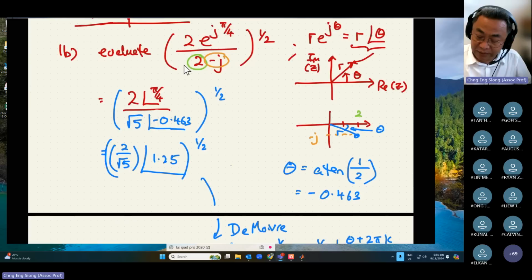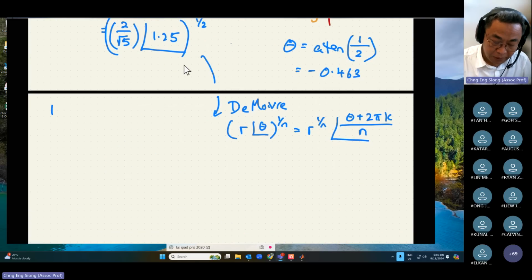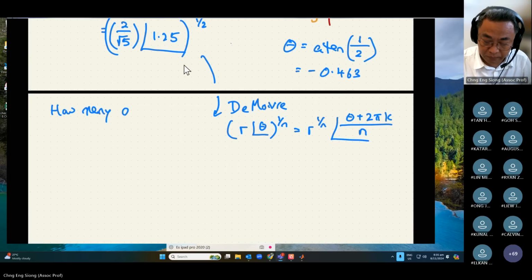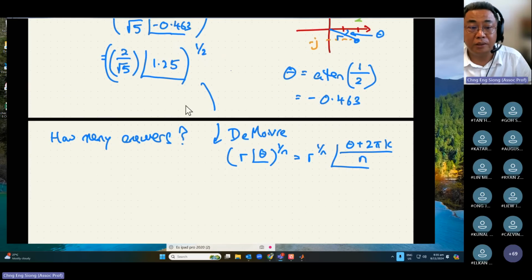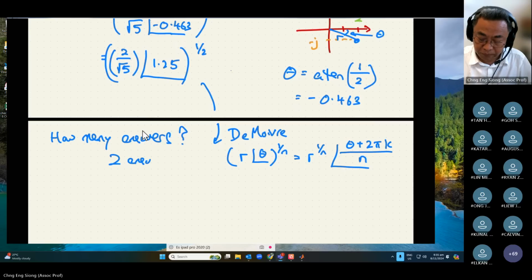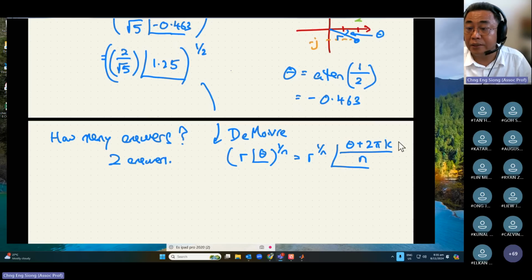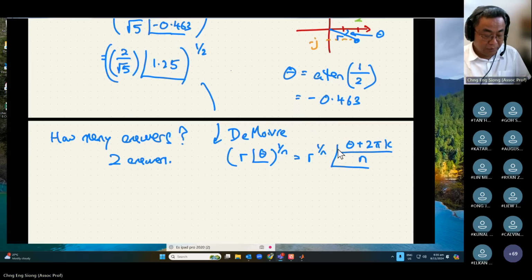Now, how many answers are there? Remember, it's a square root, so I'm expecting 2 answers. The first answer is using k as 0, so it's theta over n. The other one is k is 1, then it's theta plus 2 pi divided by n. The magnitude is always the same, it's r to the power 1 over n.